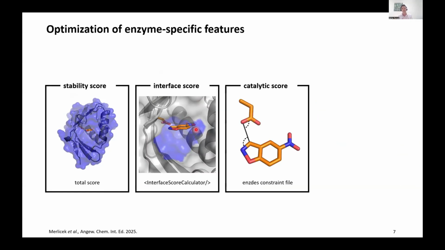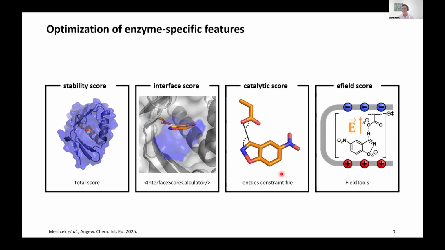And then we even go one level deeper and also score for the catalytic geometry in a score that we call catalytic score, which really assesses how well the catalytic residues are aligned with the substrate according to what we know from DFT calculations. Last but not least, we're also looking into electrostatics here using our FieldTools script.